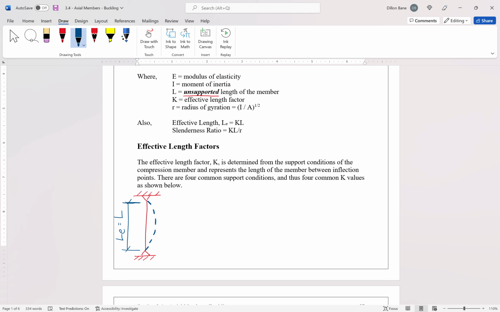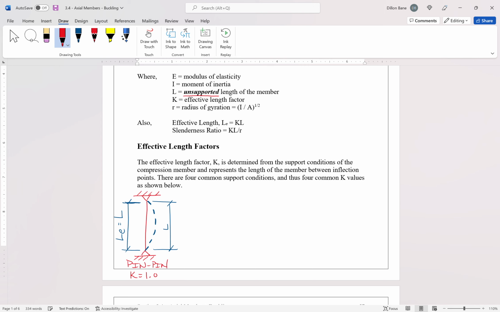If this is the length of the column, okay, so this is the pin condition. And since our effective length is equal to the length, our K factor just equals 1.0. Okay?